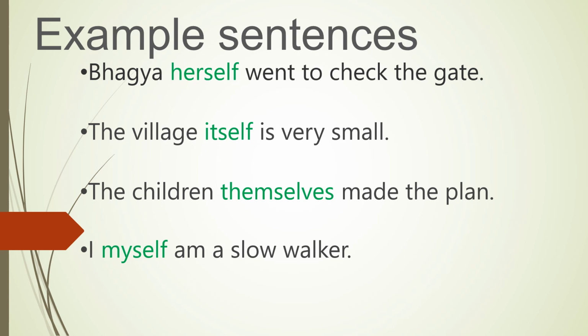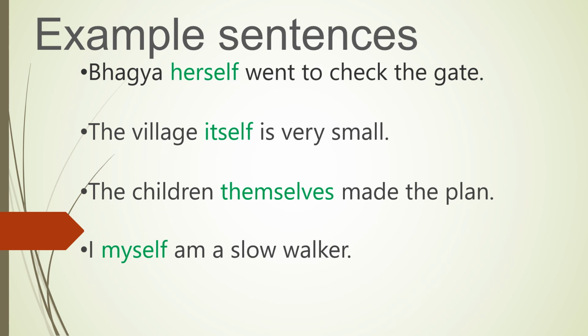Now let us look at the examples for emphatic pronouns. Bhagya herself went to check the gate. Herself. Now look at it. Bhagya is a noun. Herself is a pronoun, but it is an emphatic pronoun. Bhagya herself went to check the gate.